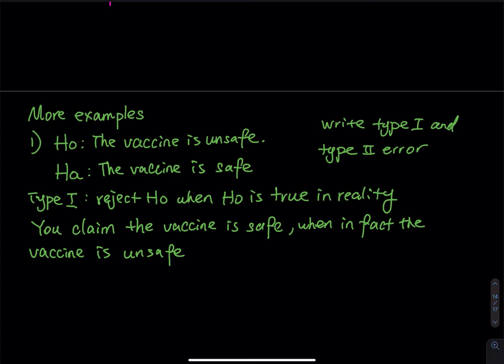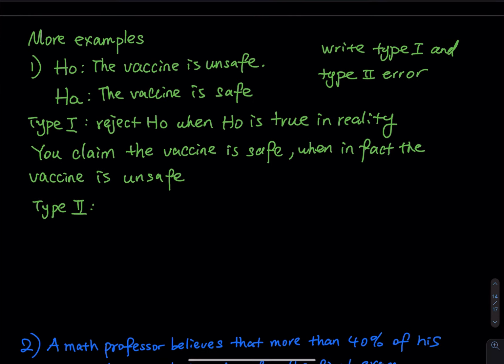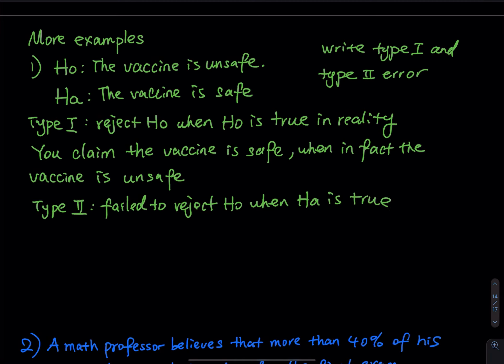What about type 2? Type 2 is, so let's write type 2. So type 2 error is you fail to reject H naught when HA is true. So what is fail to reject H naught? Fail to reject H naught means you have the H naught on the table.